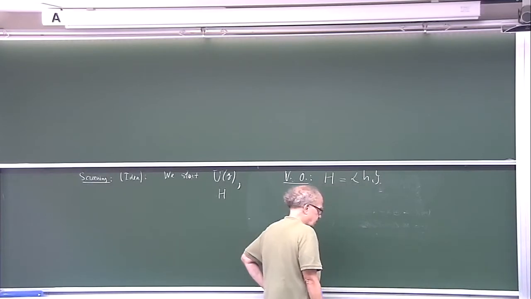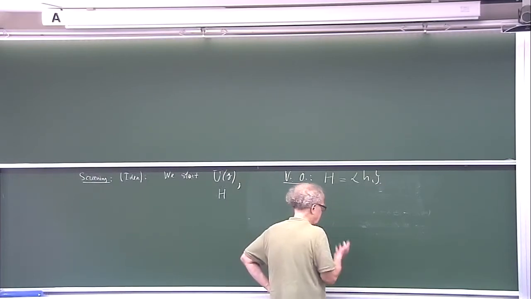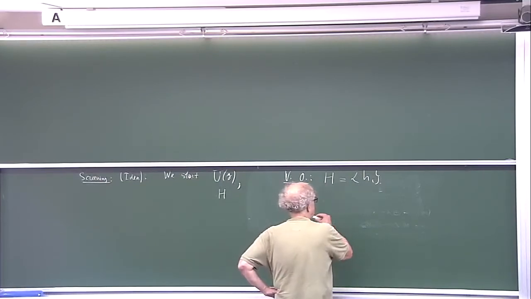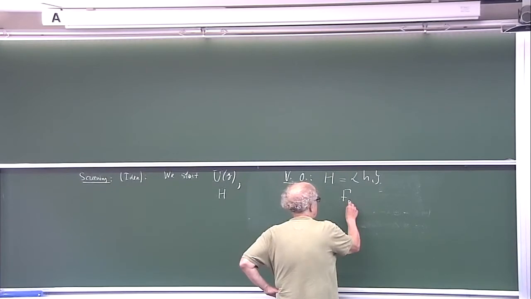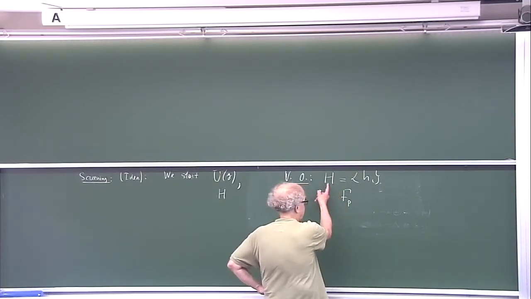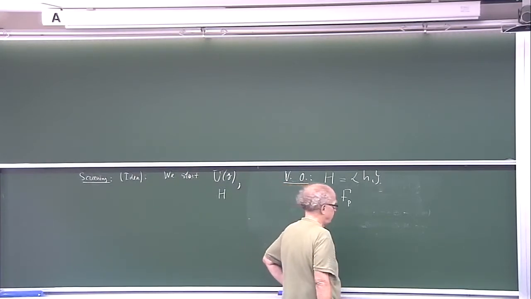In this case, this category of representations is usually defined as semi-simple, with irreducible representations being Fock representations of this Heisenberg, and P is momentum.